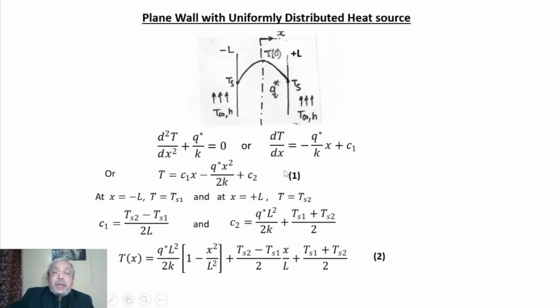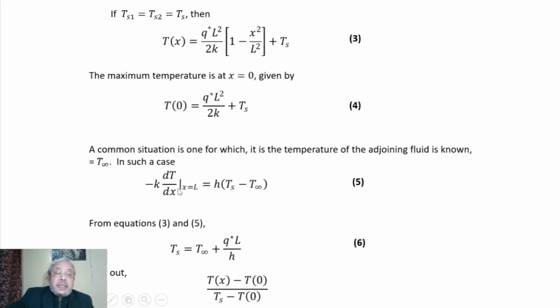That means the amount of energy conducted, minus k dT/dx at x equal to L, will be convected. So we can write minus k dT/dx at x equal to L equal to h (Ts minus T infinity).